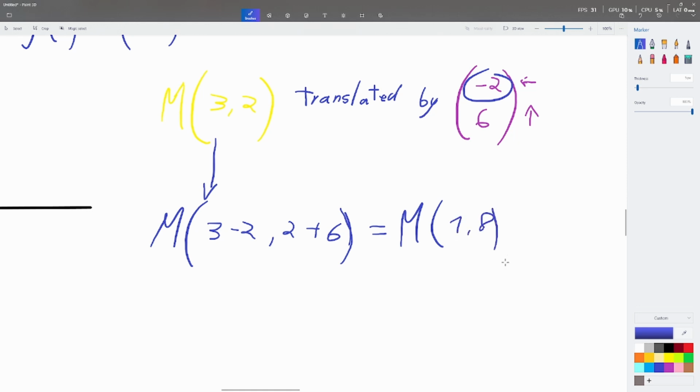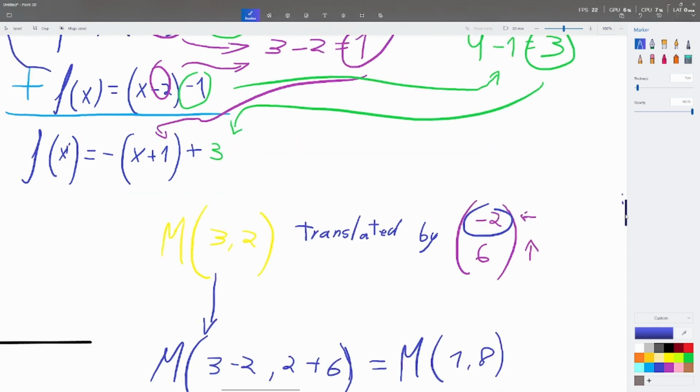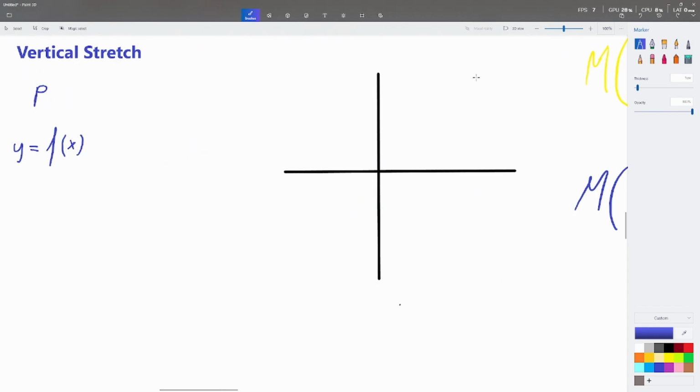Yeah, there's no more you should know about the translation, except maybe this. You can always go over this as well. So let's talk about vertical stretch as well. The letter for vertical stretch is P. And let's use an example for vertical stretch, with our graph looking something like this.